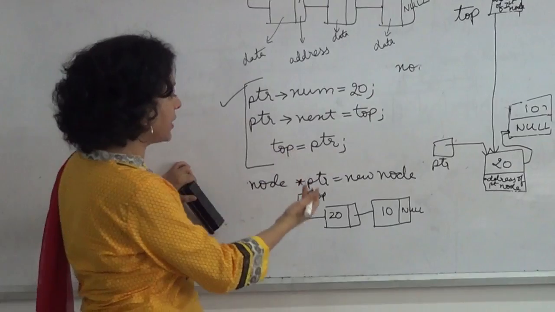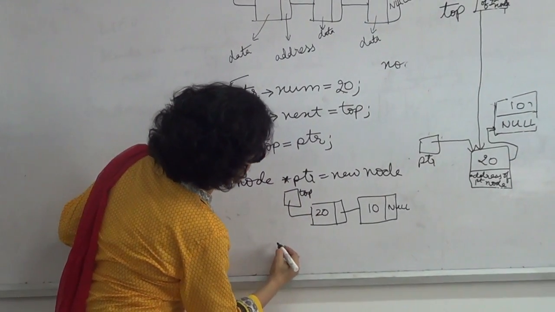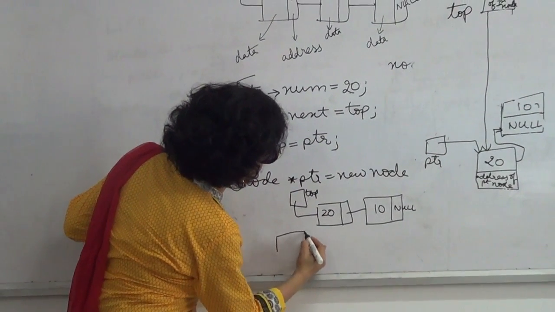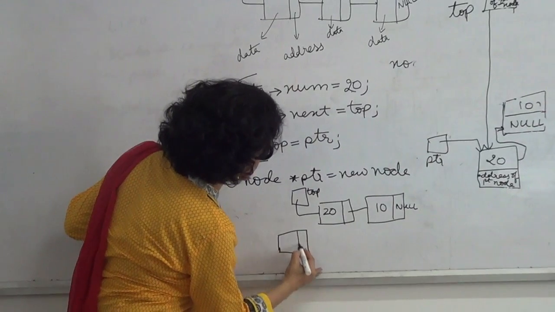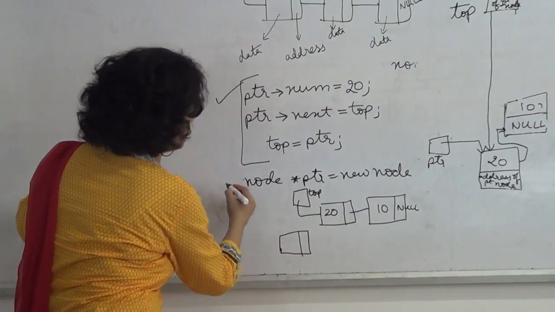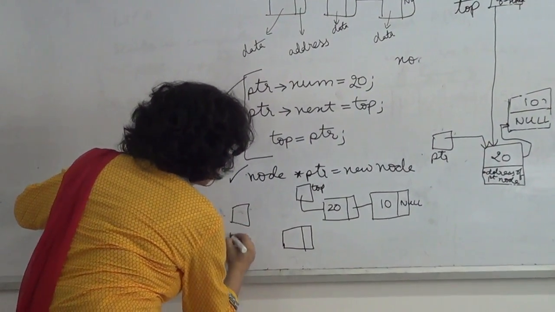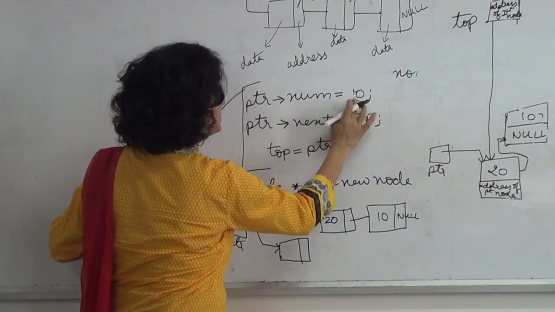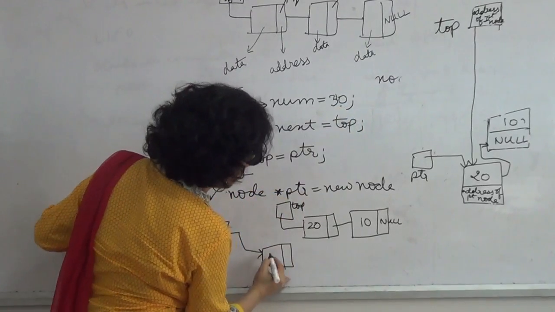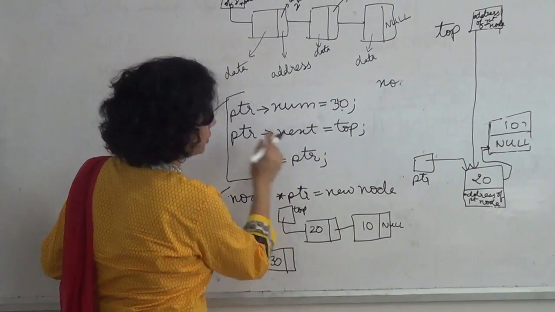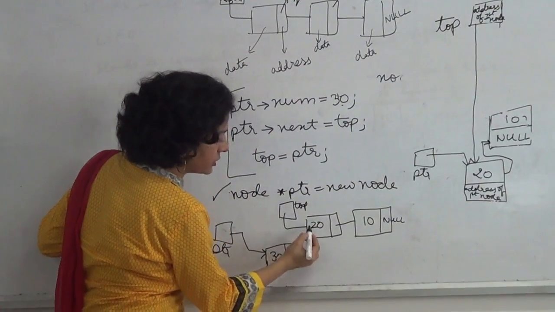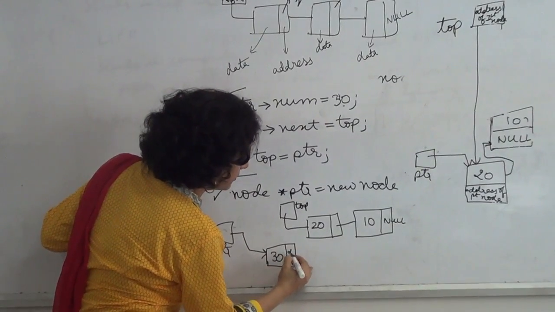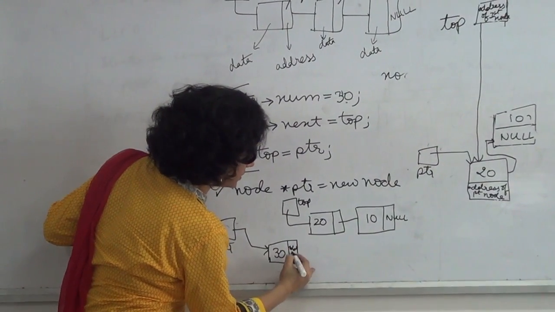So again if I want to add one more node, I will again add like this. I will create a node like this using this statement. I will add data to it, suppose 30. 30 will be stored here. Now using this statement, the address of this node will be stored here.